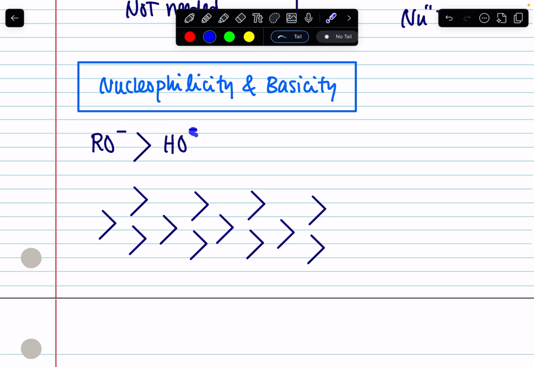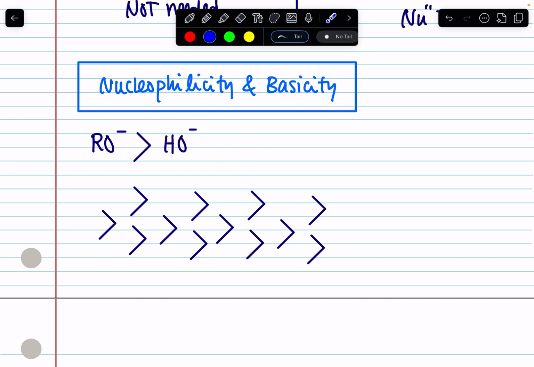Remember, this negative charge is going to attack a positive charge, which basically means that the stronger the electronegativity next to oxygen, the more electron donation you would have, and the more negative charge you will have. And if you have more negative charge, you would attract the positive charge better.